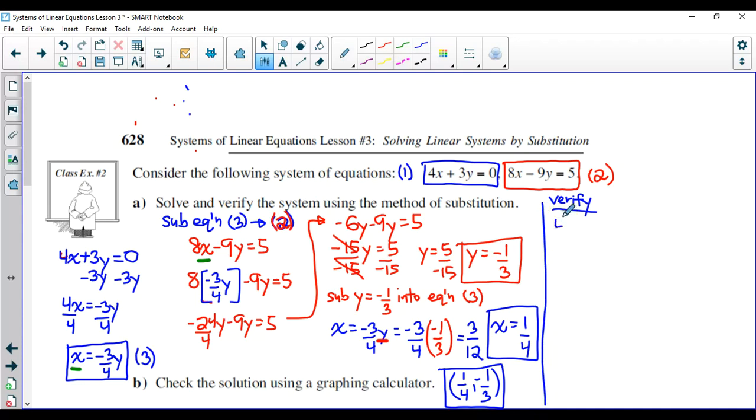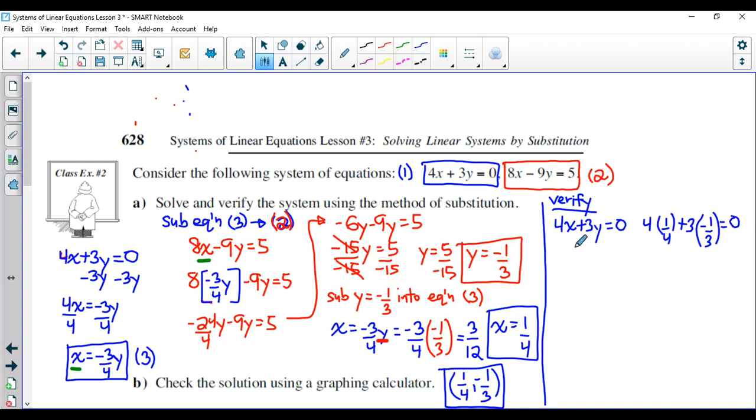Okay, so the first equation is 4x plus 3y equals 0. Okay, so we're going to plug in the value of x is 1/4 plus 3 times the value of y, which is negative 1/3, is equal to 0.